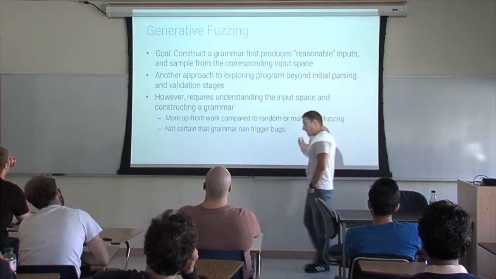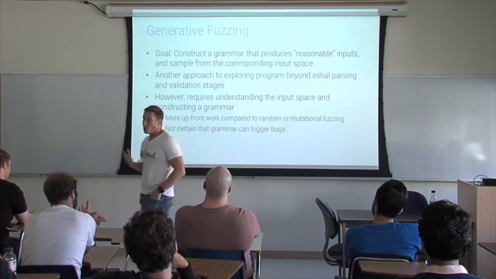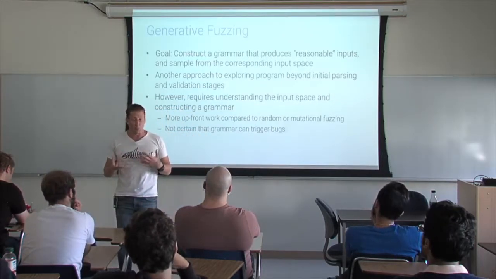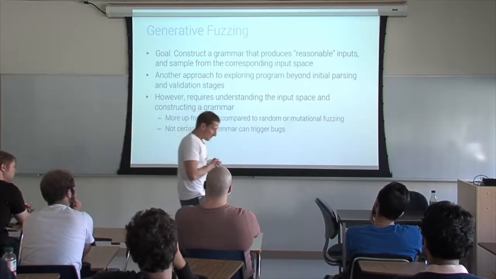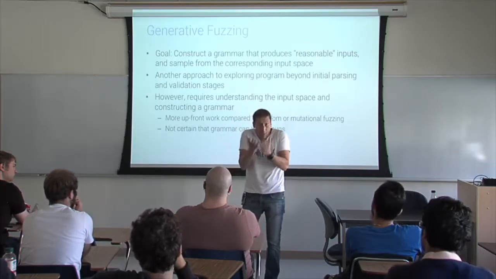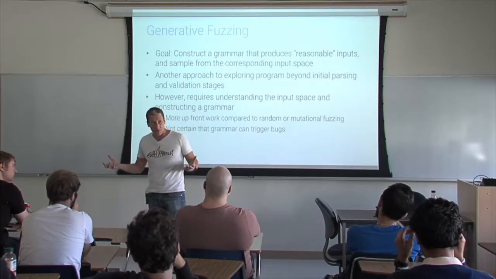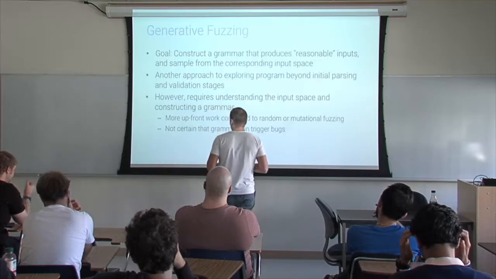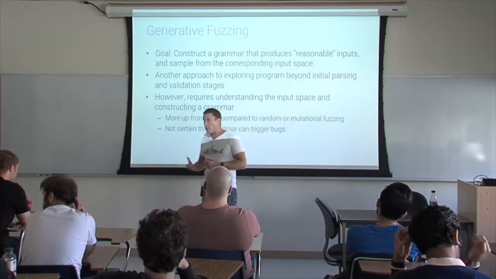The third one is generative fuzzing, which uses a grammar. So if you know that the input that the program expects is, for example, SQL queries or things like that, you can build a program that generates all sorts of queries and passes them to the program. And those are a very good starting point, at least, for fuzzing.